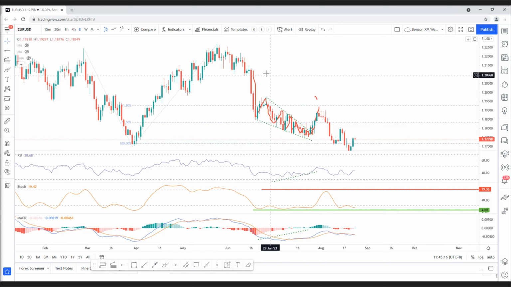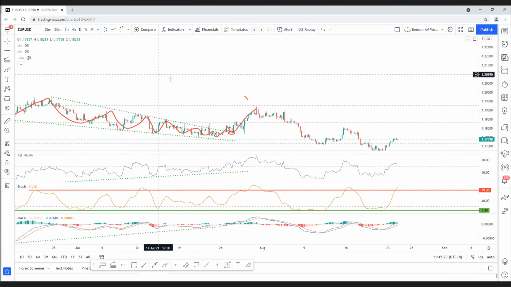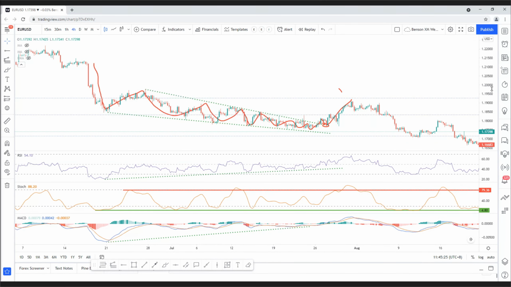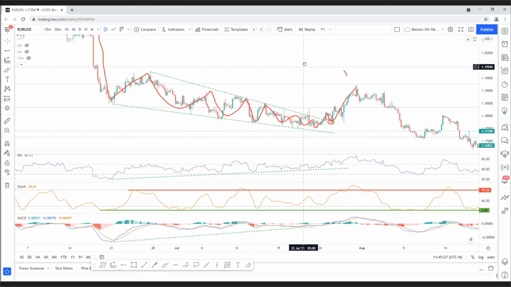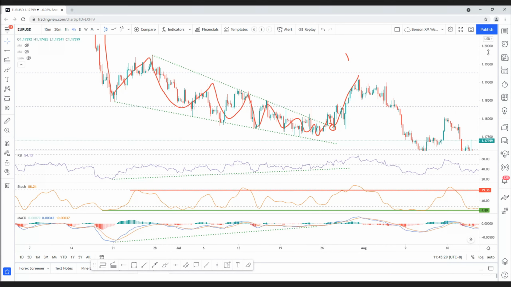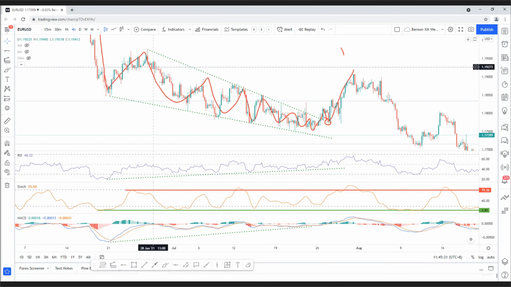So what happened is that when the price is dropping, then after that we identify this wedge itself. This wedge is showing us the price action is going down, whereas our indicator itself is showing us that it's going up. So this is what we call a negative divergence.